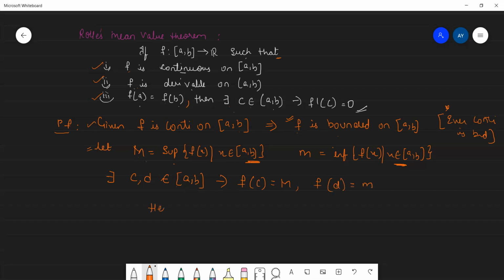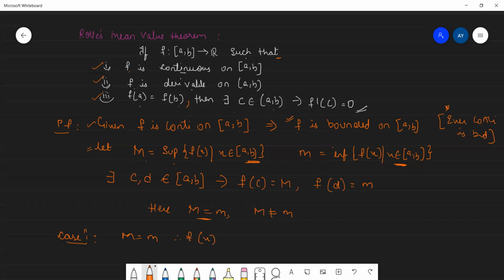Here we have to consider either capital M equals small m, or capital M is not equal to small m. So in case 1, I want to take M equals m. What do you think if M equals m? Obviously, there is only one way. If these both are equal, f(x) will obviously be a constant.